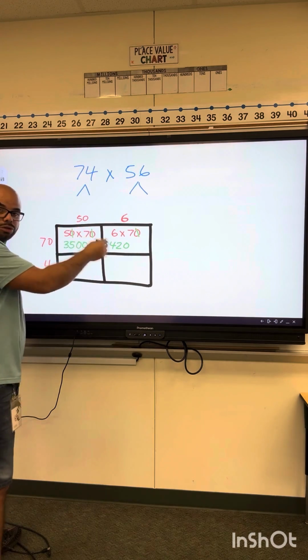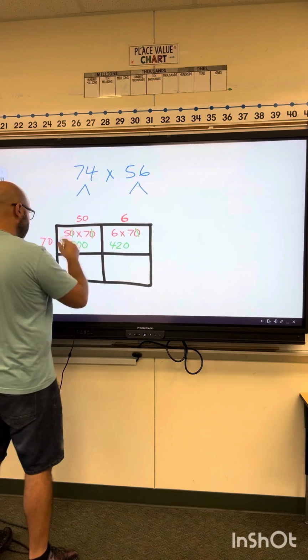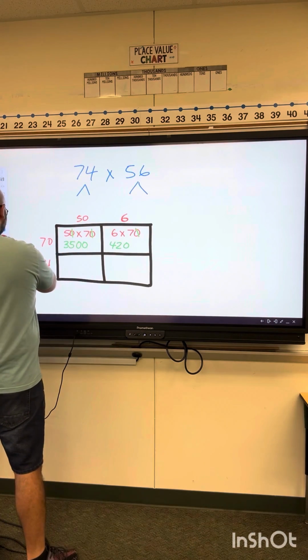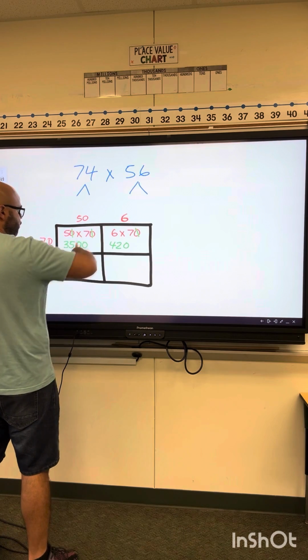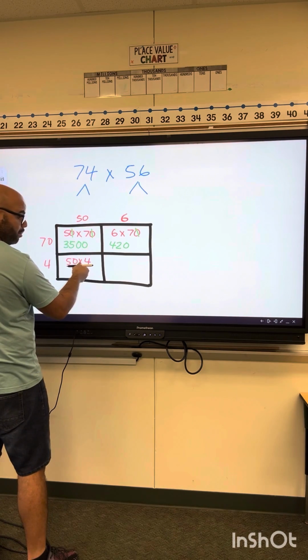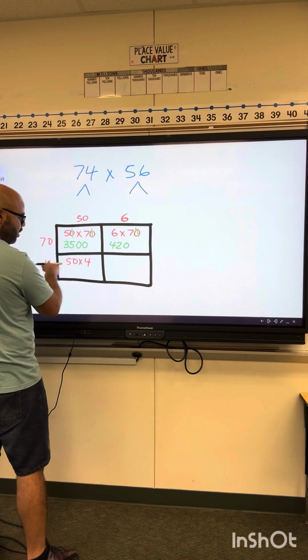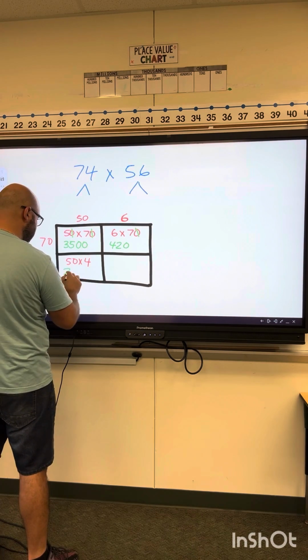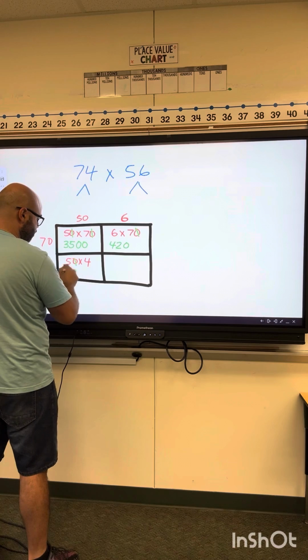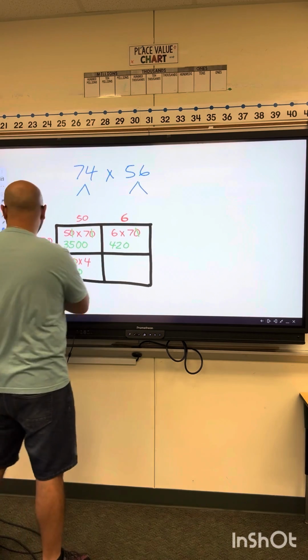Now we're just going to go through all the boxes. So let's just do this real quick. This is 50 times 4, right? Now side by side, but on the bottom, 4. This is 20, right? I took out the 0, put it back on, 200.